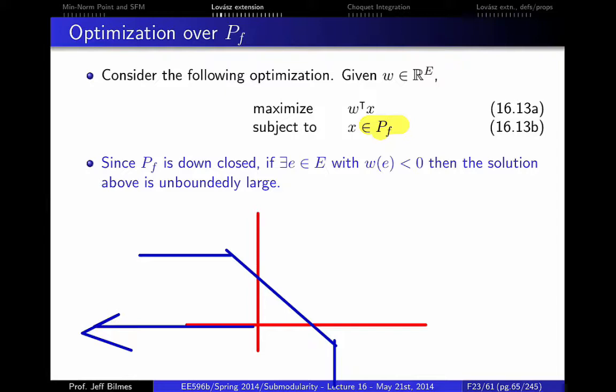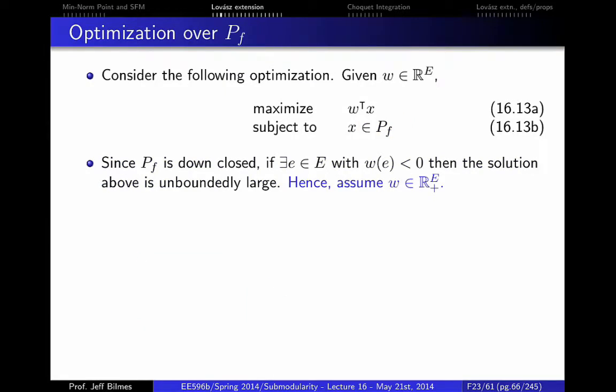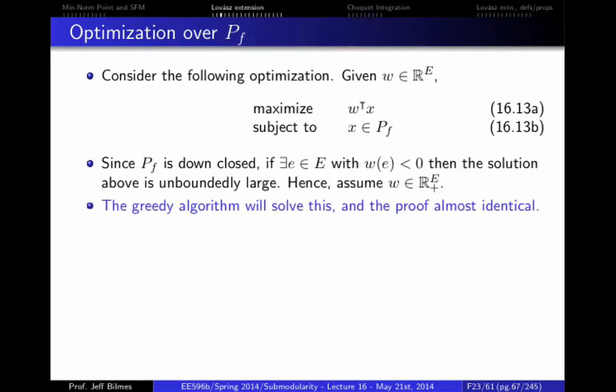So in the polyhedral case, it makes sense to assume that w is in R+, restricting w to be non-negative, even if PF is not restricted to be the positive orthant.